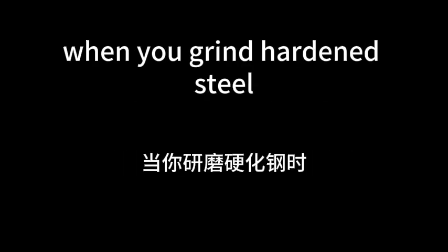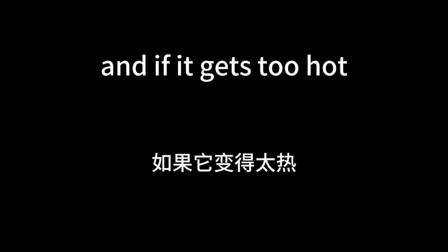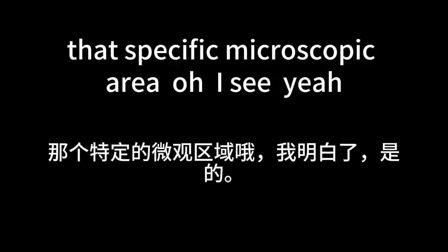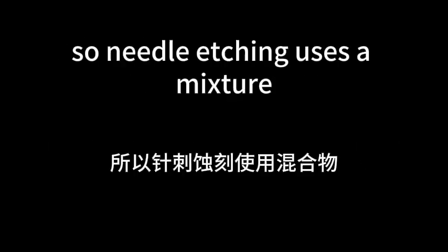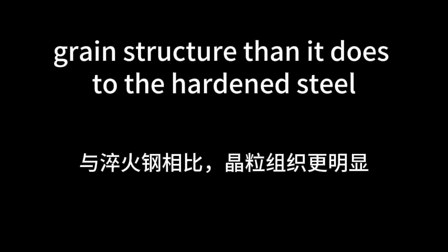So when you grind hardened steel, localized friction generates intense heat. And if it gets too hot, it alters the crystalline structure of the metal, essentially retempering or softening that specific microscopic area. Oh, I see. Yeah, so needle etching uses a mixture of nitric acid and alcohol. The acid reacts differently to the softened, damaged grain structure than it does to the hardened steel.